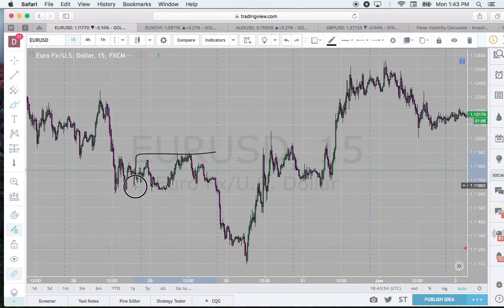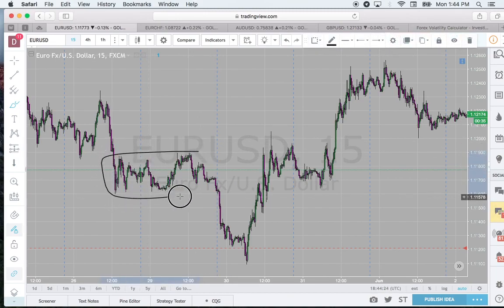There will be days where the entire day is spent in consolidation. Or we could also go on, I could zoom out on the 4-hour chart or the 1-day chart on Euro USD right now, and it's in consolidation right now on the daily chart. It's just your perspective, right?